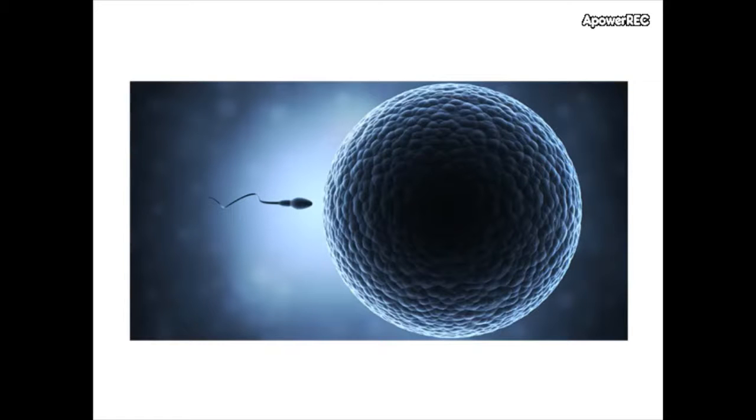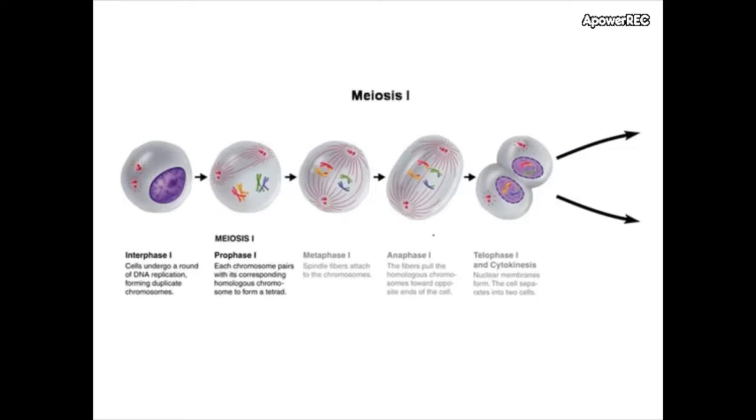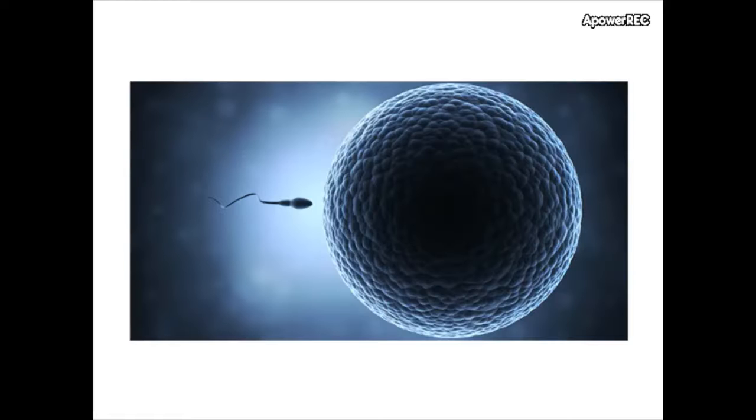Cells that are haploid in our body are our gametes. So in humans, they're going to be the sperm and the ova, or the egg. The reason for this goes back to the set of chromosomes and where they come from. If you remember, for each pair of homologous chromosomes, you get one from the father and one from the mother.